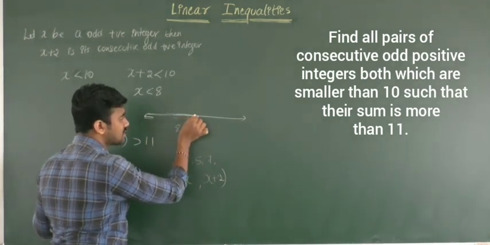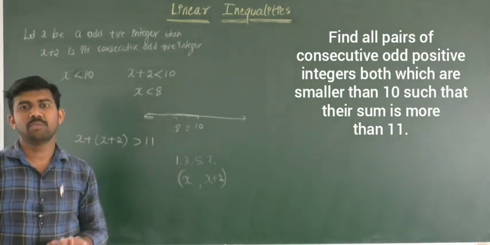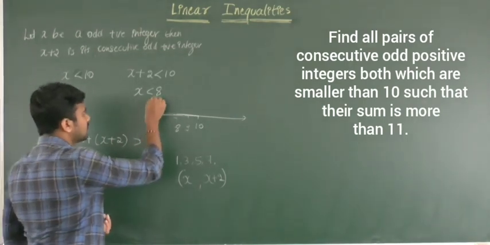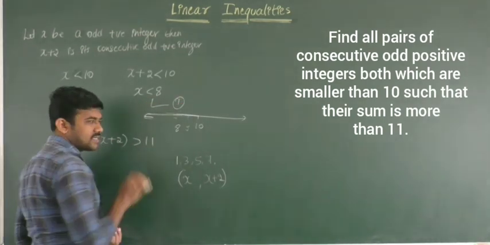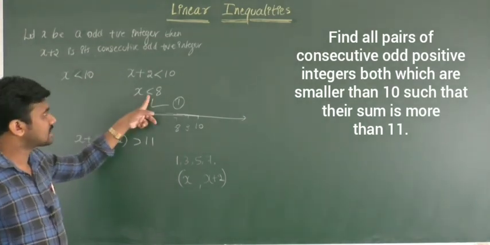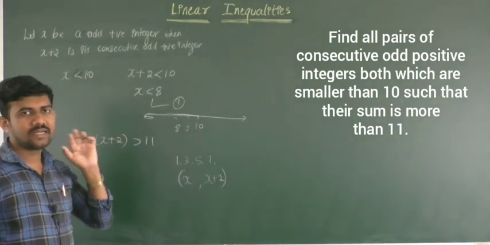If x is less than 8, it is obvious that x is less than 10 also. So we consider this as equation number 1. Remember, when you have the sign less than, take the smaller number. If you have the sign greater than, take the greater number.